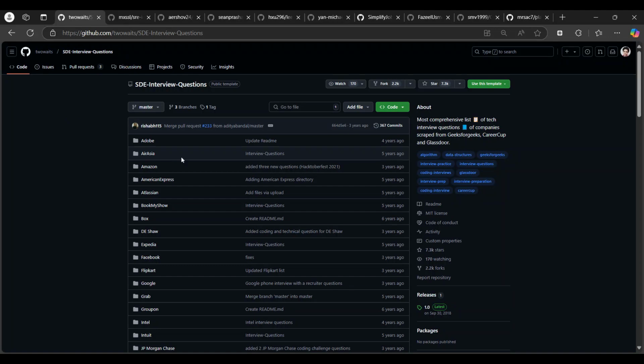But you cannot get the right direction on how to prepare for the SDE role, because obviously DSA is hard. You prepare for DSA, then different companies ask different types and patterns of questions. So for that they have arranged a GitHub repo where they have listed the questions for each particular company, which will be helpful for you, right?